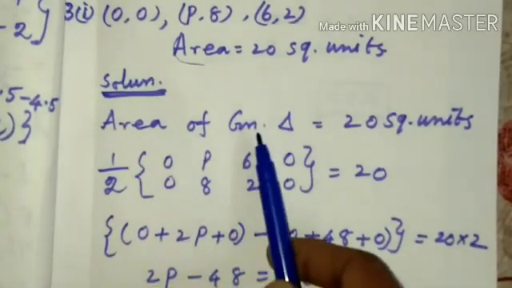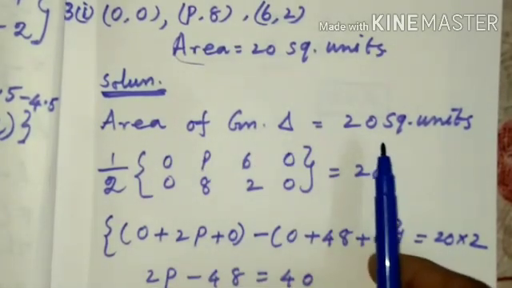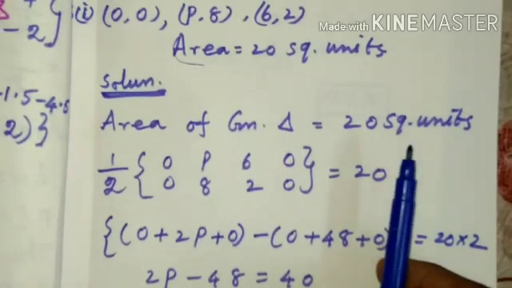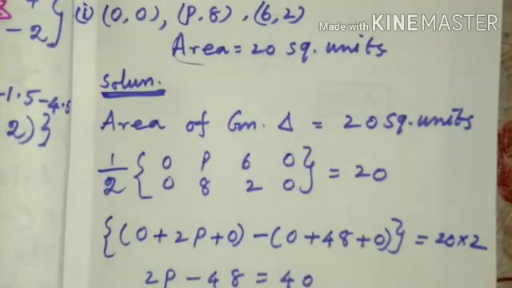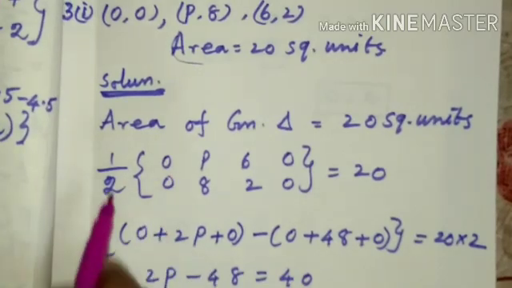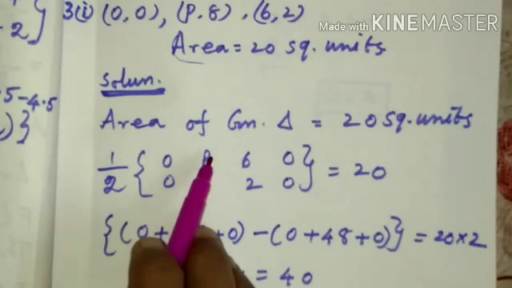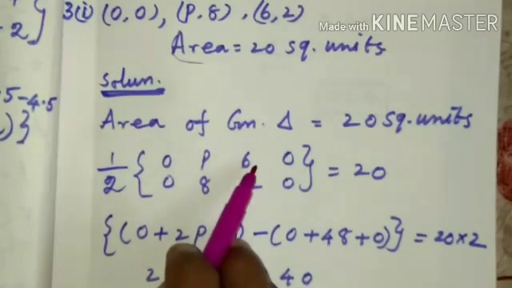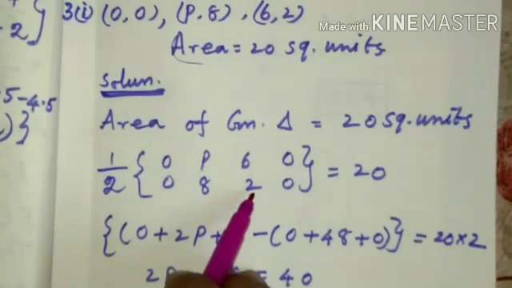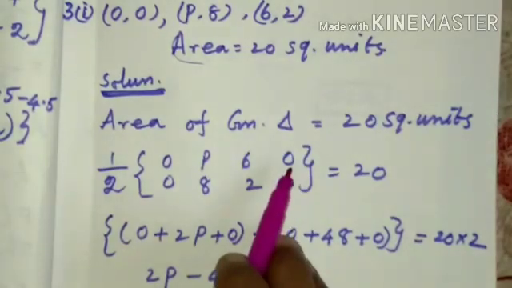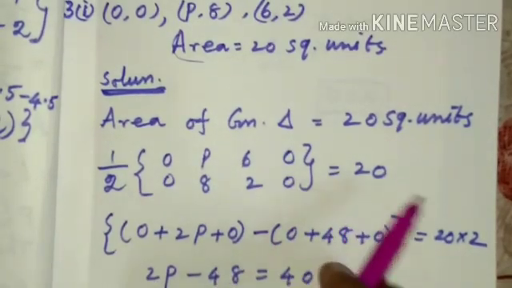Then area of the given triangle is equal to 20 square units. Now you apply the vertices in the column wise formula means we get half into first point 0 0, second point P 8, third point 6 2. Again you write first point 0 0 is equal to 20.